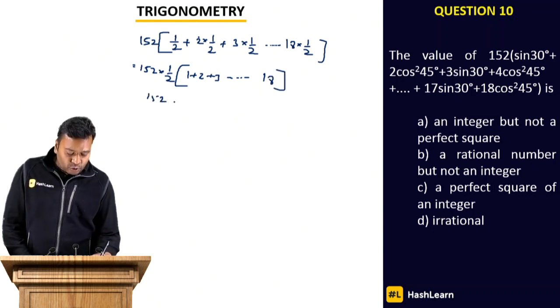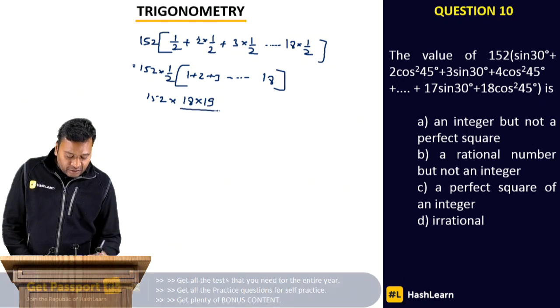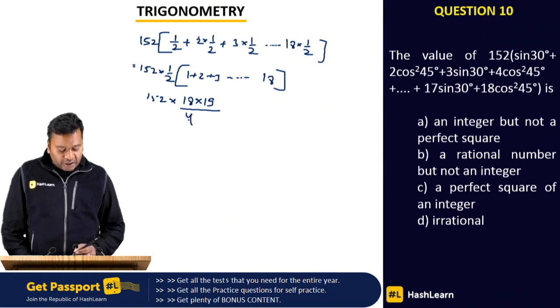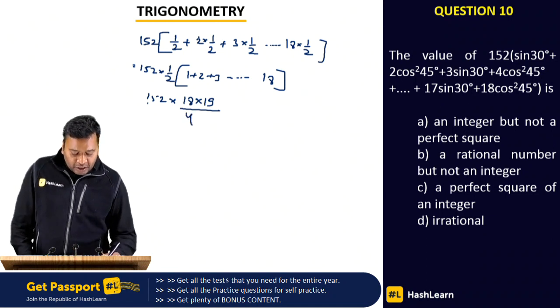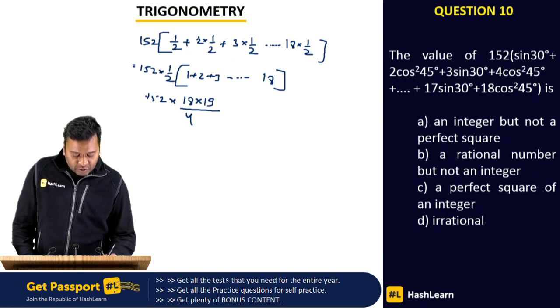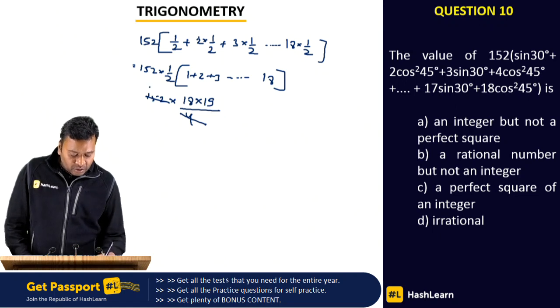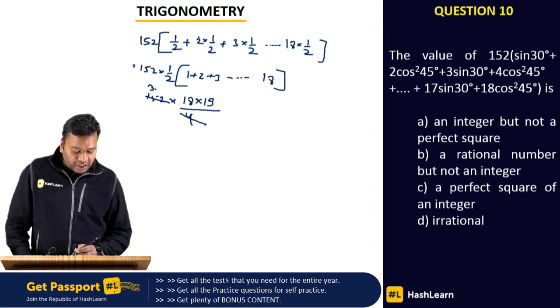So 152 into 18 into 19 by 4 is my value, right? So let's try to identify. This is divisible by 4. How many times? 3 times.